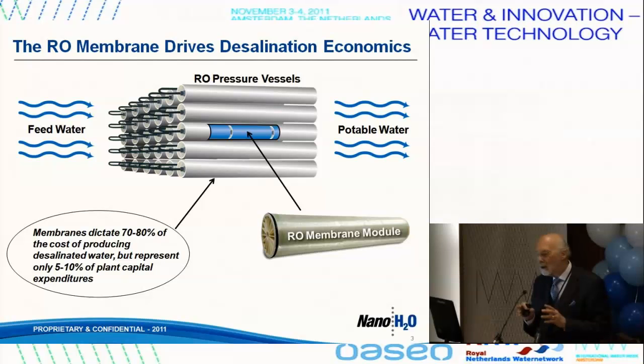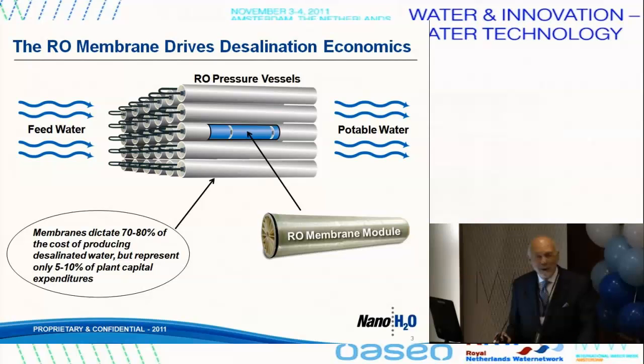And that's because the permeability of the membrane characteristics drive the size of the pumps, it drives the size of the pretreatment. There's a whole bunch of different factors which are driven specifically by the membrane itself.